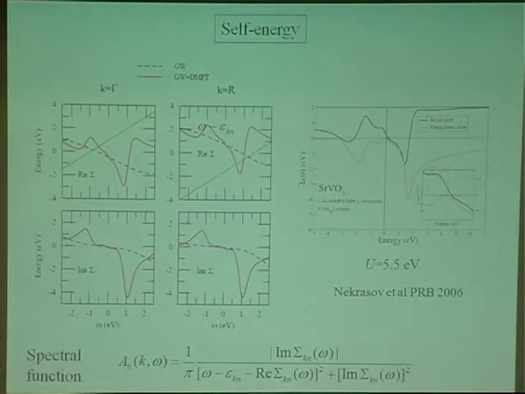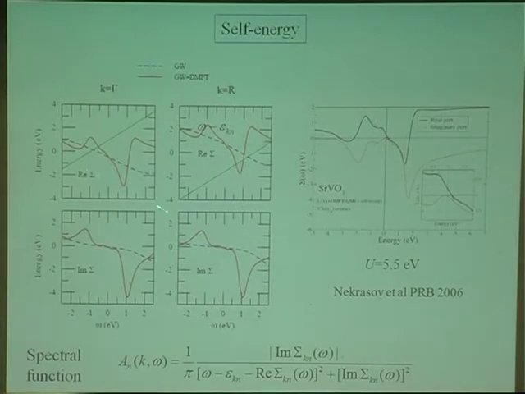Here I made a plot of the self-energy to understand better what happens. These are the self-energies at two k-points, the gamma and the R. I compare the self-energies of GW and GW plus DMFT to understand what happens when we add the impurity self-energy on top of the GW.